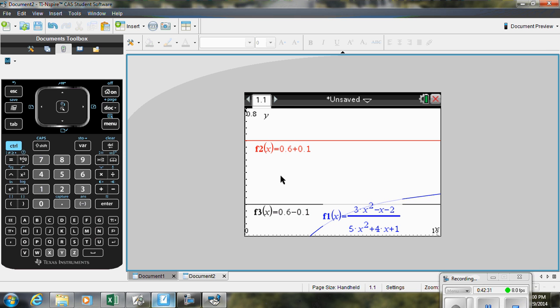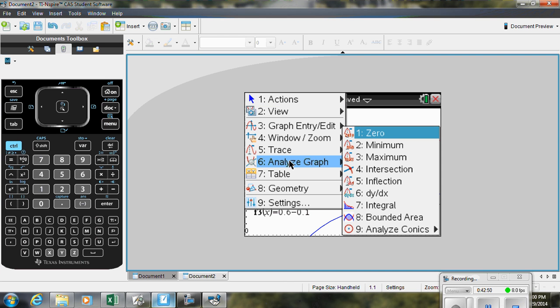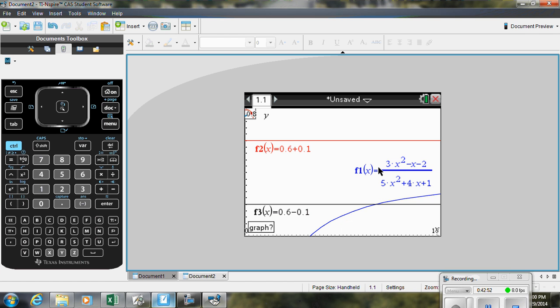So, at which point, which capital N, where do we reach a number that's going to put our square root inside these bounds? Well, that number is right where the intersection is. So we can go into menu, analyze graph, intersection, graph 1, graph 2, lower bound, upper bound, and it gives us our intersection of 6.74.